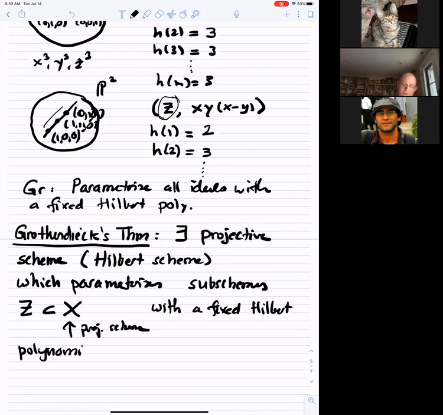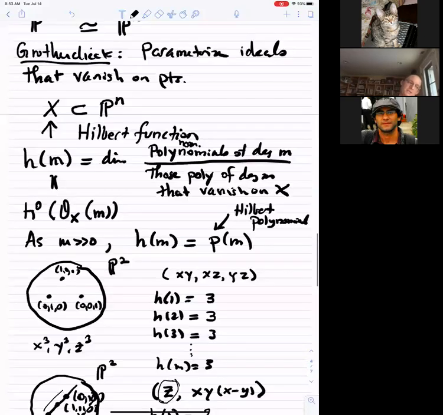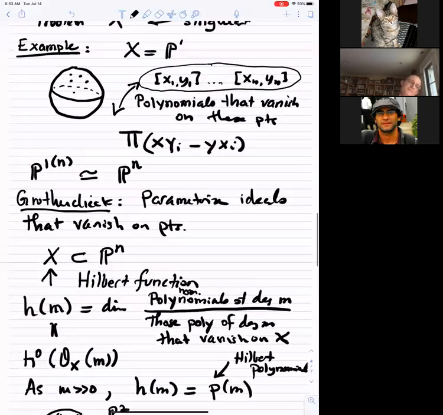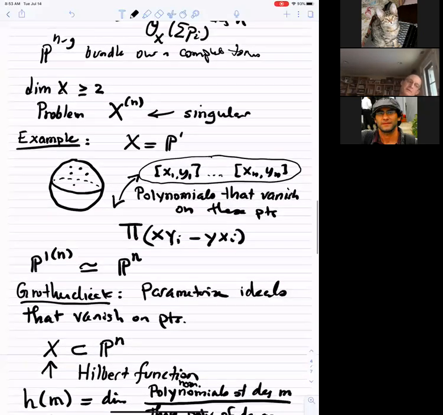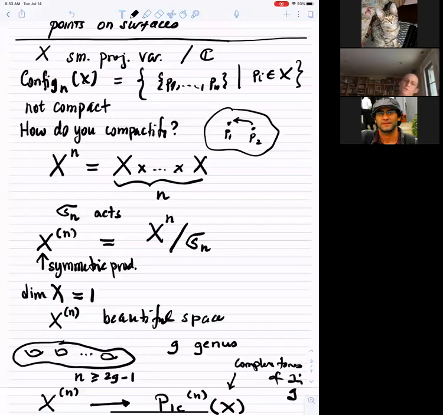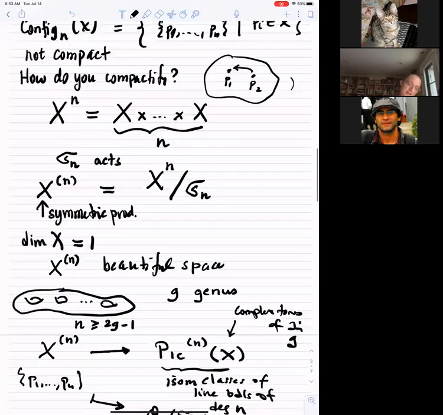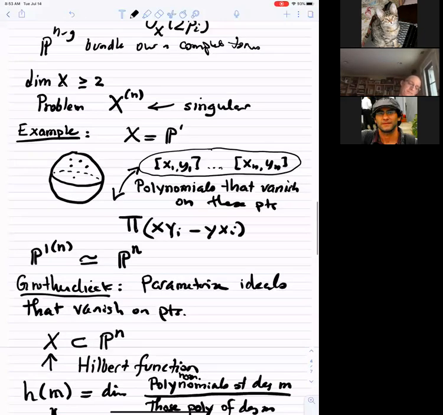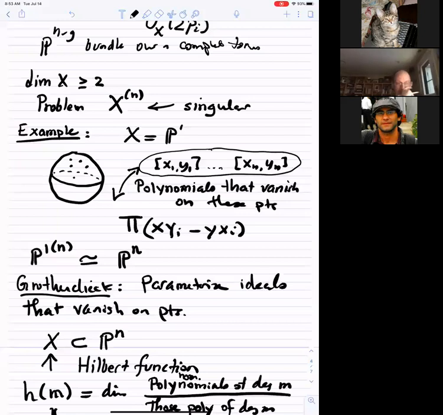So let's go back to what we were talking about. Let me go all the way back to the beginning. We started by thinking about the configuration space, which was configurations of points on X. The problem was that the symmetric product was a compactification, and in the case of curves it was a nice smooth compactification, but in higher dimensions it was singular. So instead we were going to parameterize polynomials that vanished on our finite set of points.